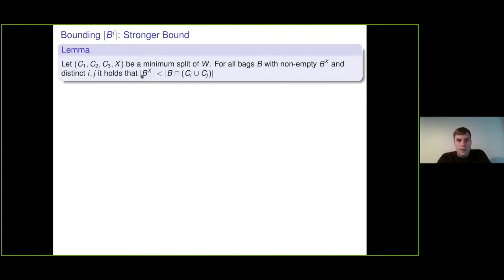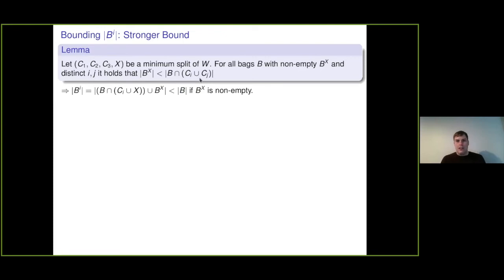So now what we can prove is that if we have a minimum split, then for all bags B for which this set of fixing vertices is non-empty, we can prove that this set of fixing vertices is strictly smaller than the set of vertices that go out from the bag. So basically for distinct i, j, the intersection of the bag B union Cij.